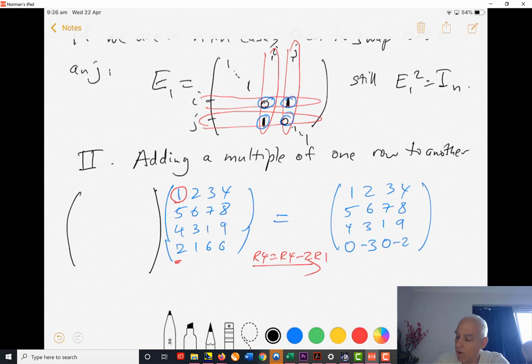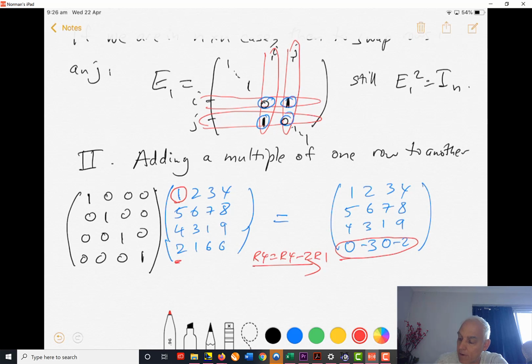So what we're going to do is more or less use the identity matrix, in this case 4 by 4, but we're going to modify it a little bit, like we did in the previous case. If we just used the identity, we would not do anything, but we want to ensure that this last row is obtained from these rows by taking minus 2 times the first row and adding it to the fourth row.